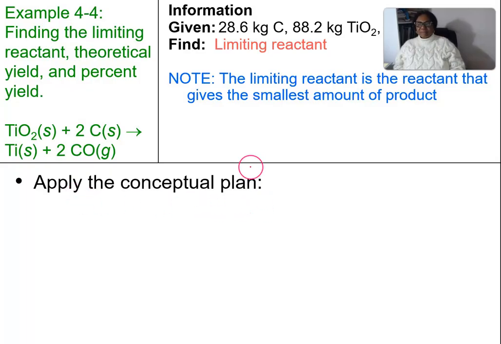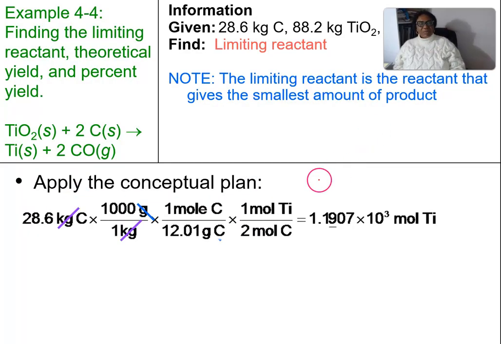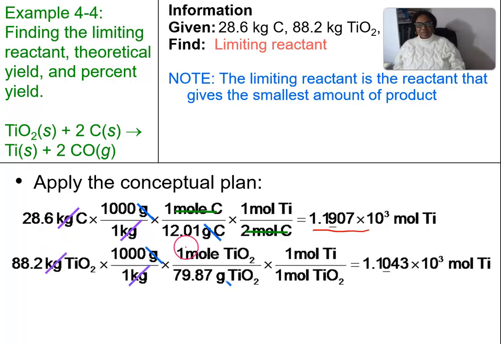So our plan: we are going to find the moles of titanium from the reagent carbon. We use all our conversion factors, and we got 1.19097 times 10 to the 3 moles of titanium from 28.6 kilograms of carbon. From 88.2 kilograms of titanium 4 oxide, we got 1.1043 times 10 to the 3 moles of titanium.